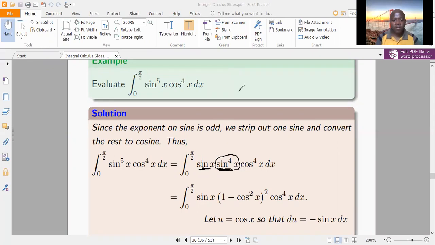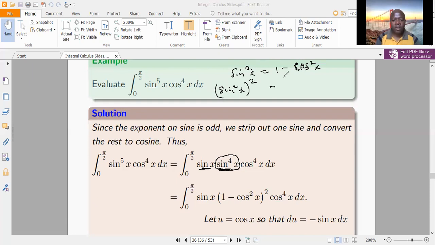Remember that sine squared x is 1 minus cos squared x. What I have here is sine x raised to 4, which is the same as sine x raised to 2, squared.